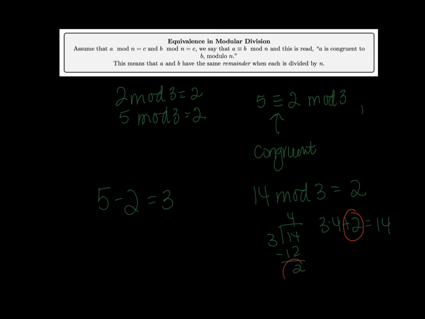This 2 is the same as that 2. So we also know that 14 minus 5 is equal to 9, and 14 minus 2 is equal to 12. And we can also say that 14 is congruent to 2 mod 3. So when the difference of these numbers is divisible by our modulo number, then you know you have an equivalence class.